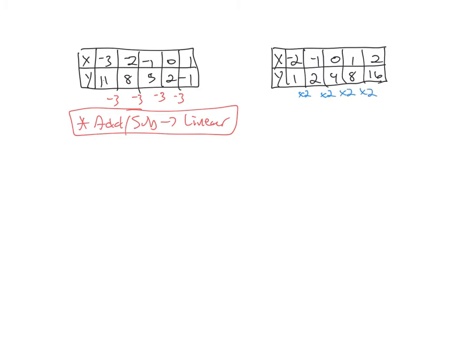And you notice this one's getting bigger a lot faster. It goes from 1 to 16 pretty quick. So that's also an indication that it's going to be multiply. So if we have multiply or divide, we have an exponential function.